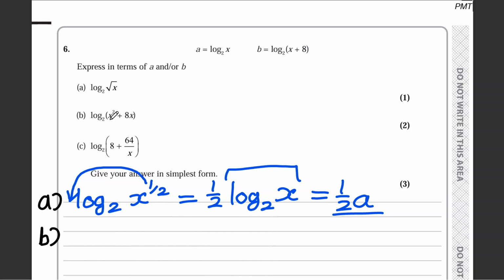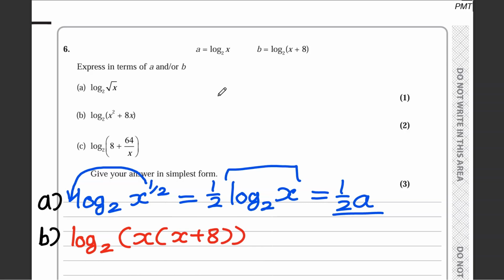The only difference here is that everything is multiplied by x. So if we factorize out x from this, we write this as log base 2 of, so if we factor out x from this x squared plus 8x, it becomes x plus 8, like this here.